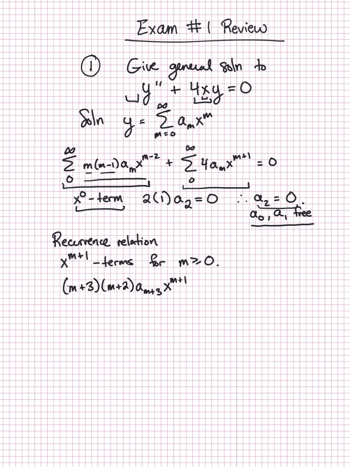That's what we see for x to the m plus 1 from the first series, and the second series just gives us 4 am x to the m plus 1. We know that this has to equal 0. So our recurrence relation is a m plus 3 is equal to minus 4 am over m plus 3 times m plus 2.